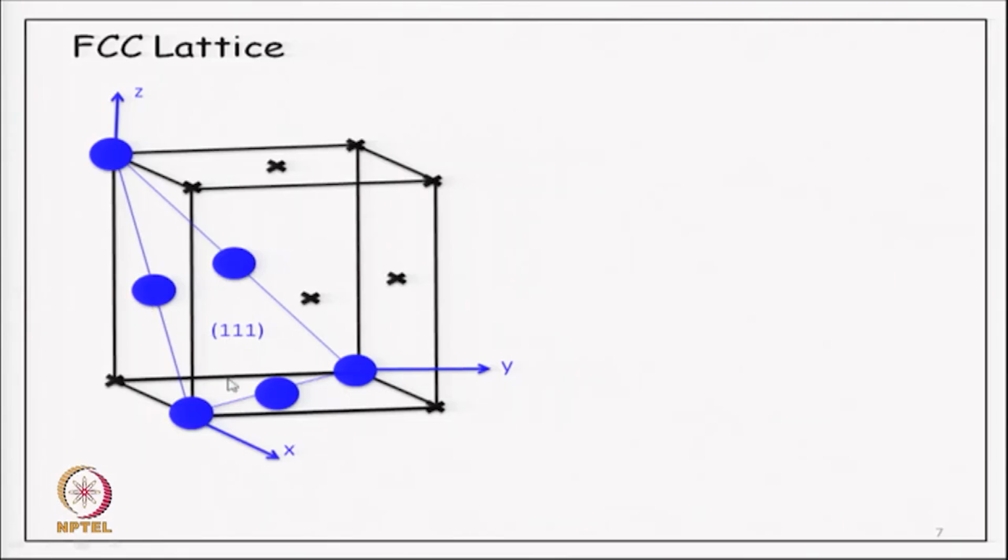Also notice that the closest distance of approach between the atoms is along the edges of this triangle. So, these two atoms, the corner atom and the face center atom, are the closest atoms.